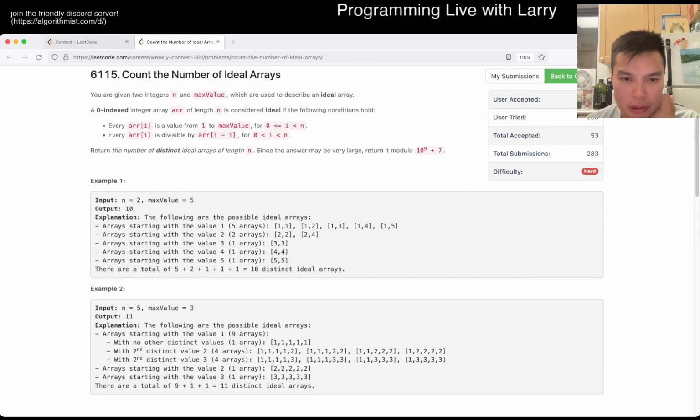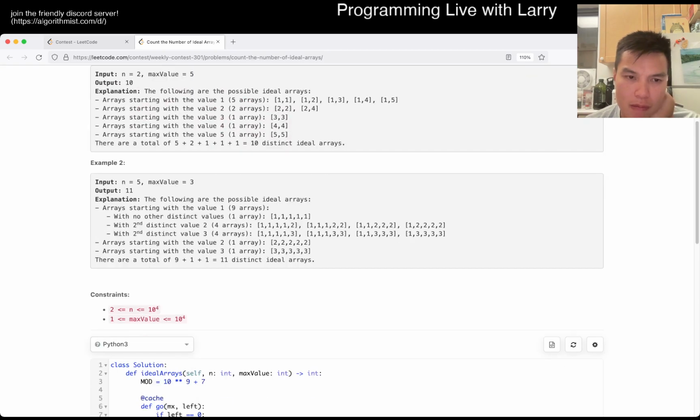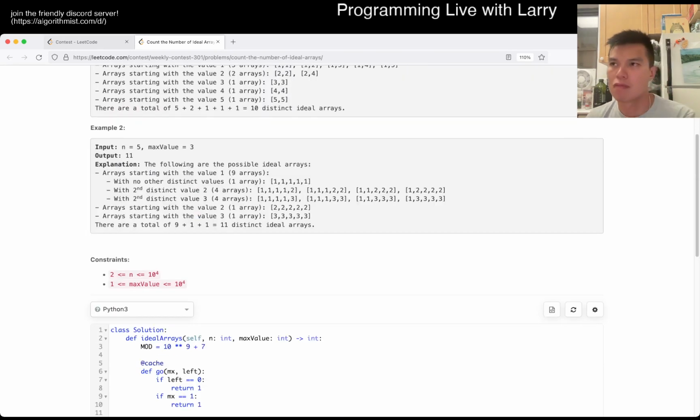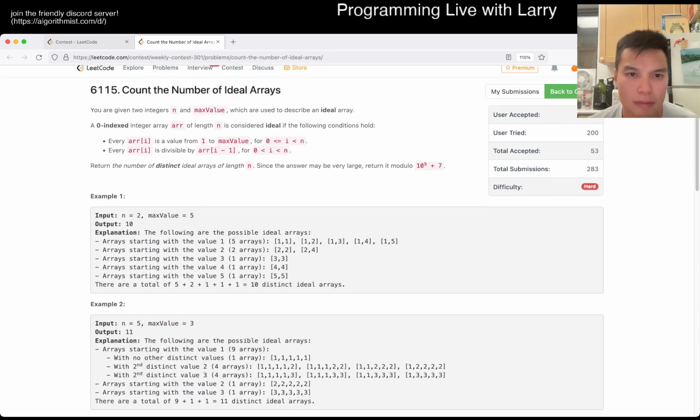This is the answer for 2, this is the answer for 1, and yeah. Hmm. Five, 2, 1, 1, 1.